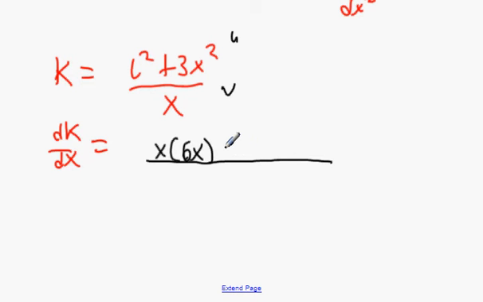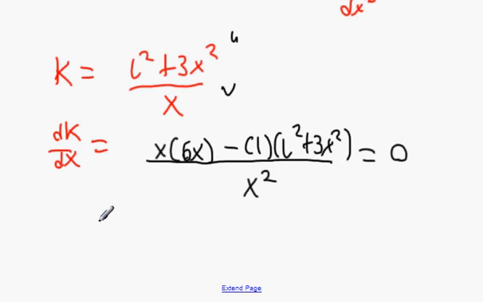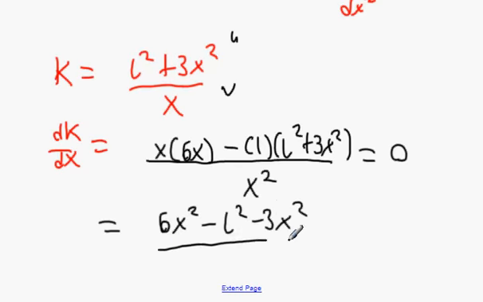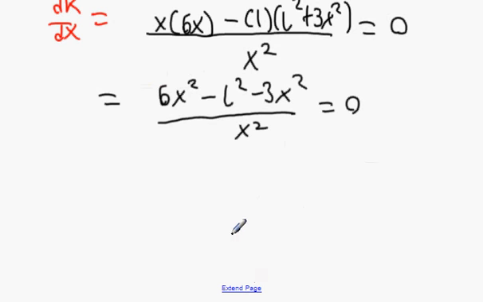Then minus, differentiate v, we get 1 multiplied by u, L squared plus 3x squared, all over x squared, all equals 0. 6x squared minus L squared minus 3x squared all over x squared. Cross multiply that x squared, and we end up with 3x squared minus L squared equals 0.